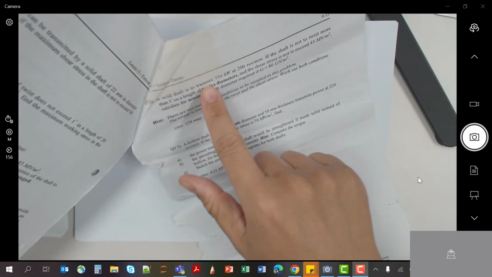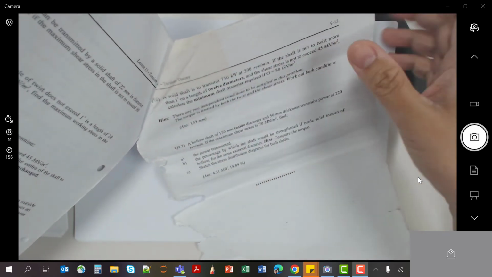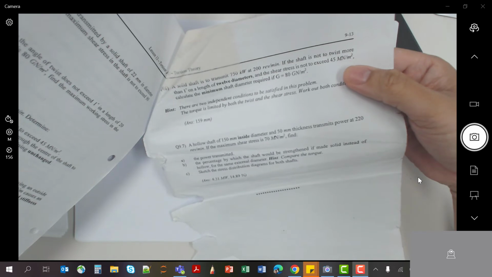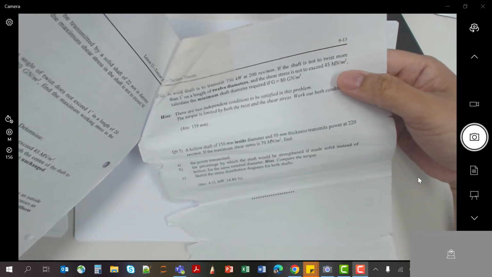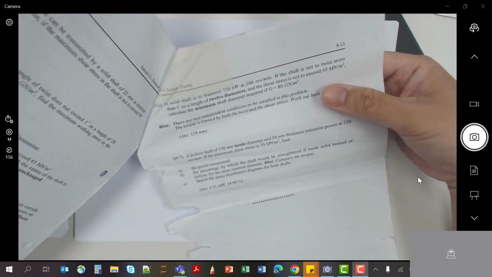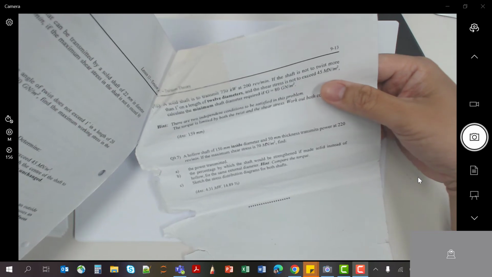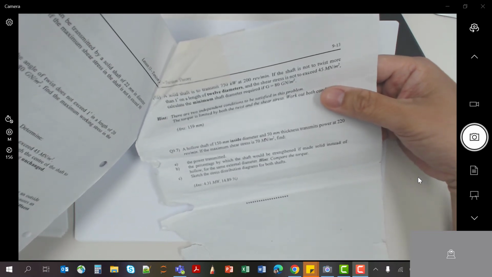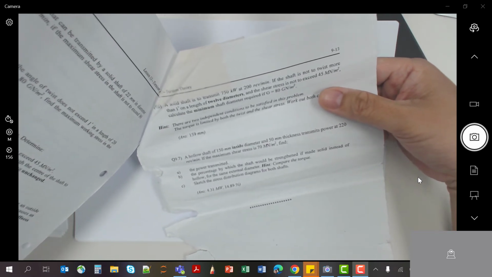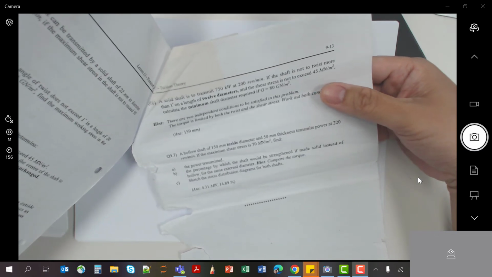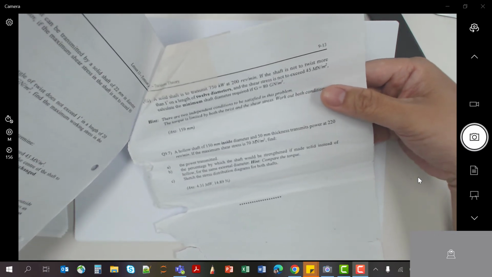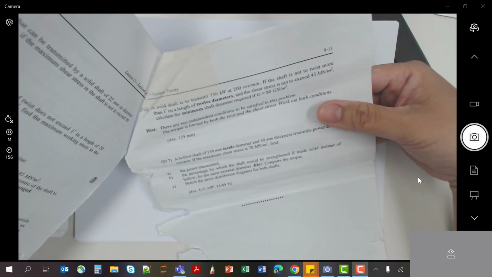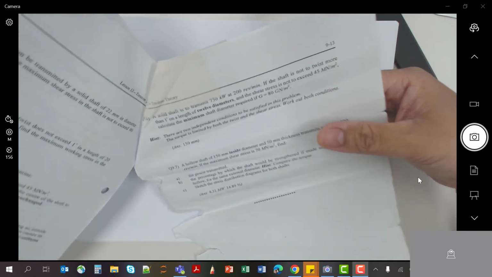A solid shaft is to transmit 750 kilowatts at 200 RPM. The shaft cannot twist more than 1 degree, and the shaft can also not exceed the shear stress of 45 megapascal. So find the minimum shaft diameter required.